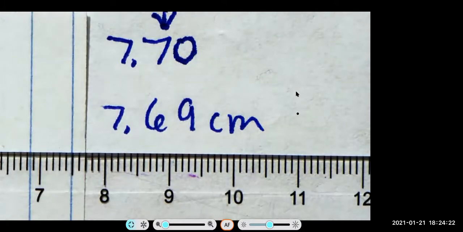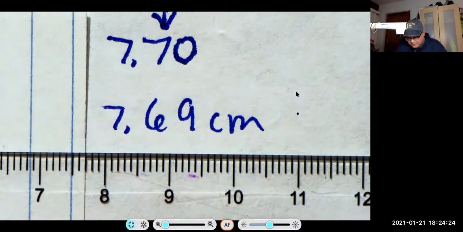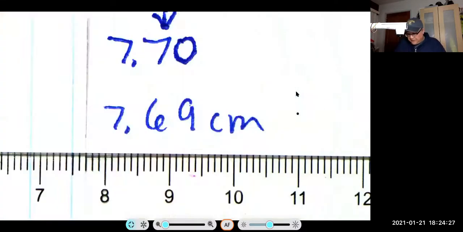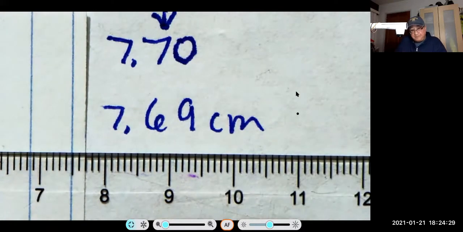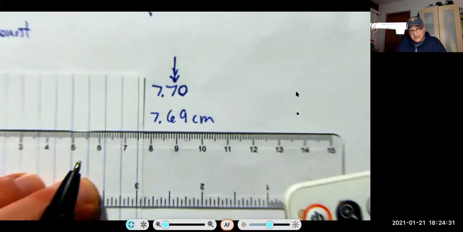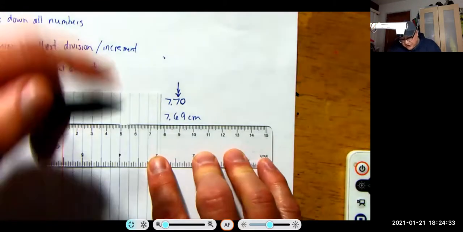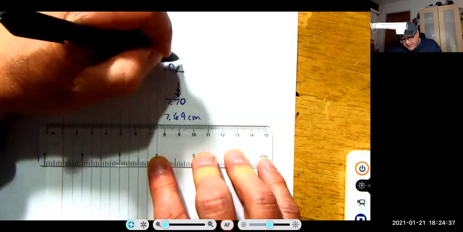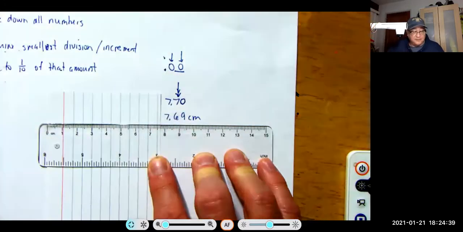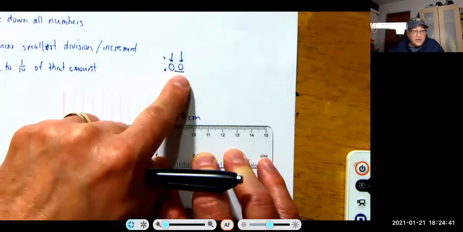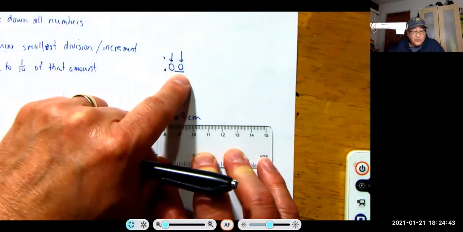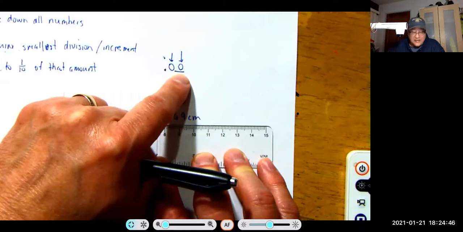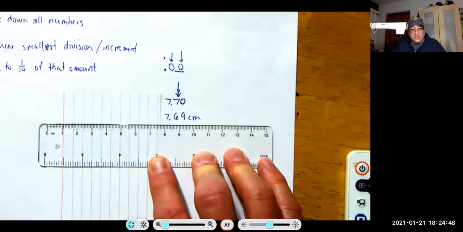So in this particular case, the smallest division is 1/10 of a centimeter. So we need to be able to measure to 1/100th of a centimeter. And that number here could be 0, 1, 2, 3, all the way up to 9. It's going to be 0 if it matches on the line.